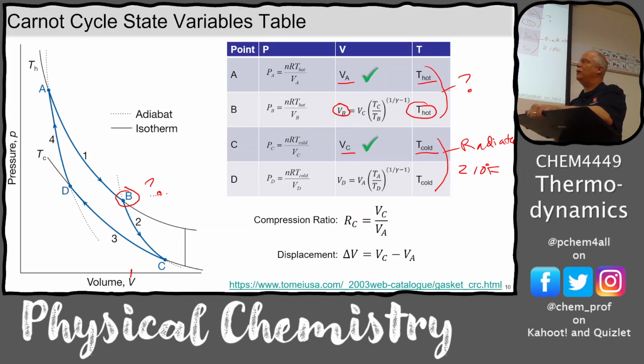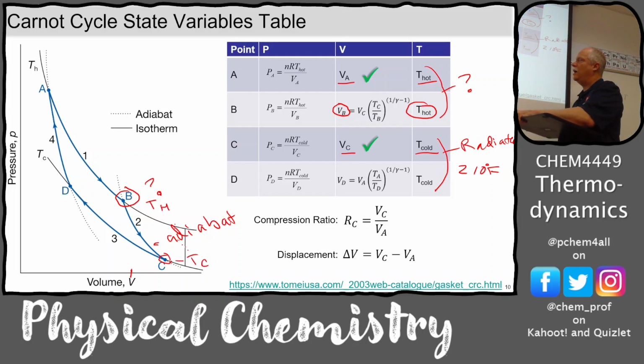because VB is on the T hot line, but I've got to use the adiabatic relationship with VC. So it's connected to VC with an adiabat. It's connected to A with the hot temperature. So T hot, and this is T cold.